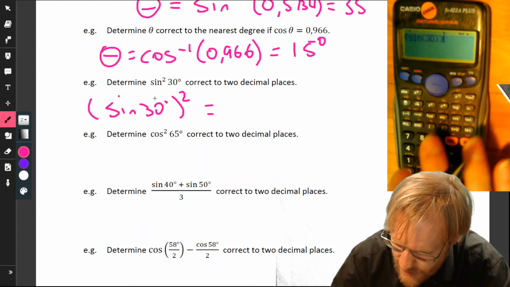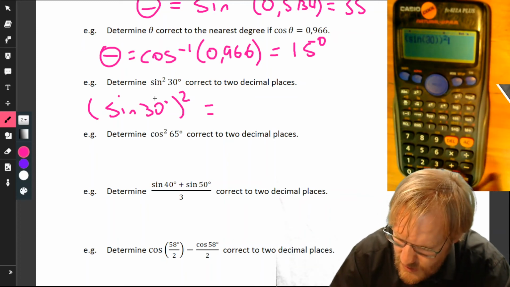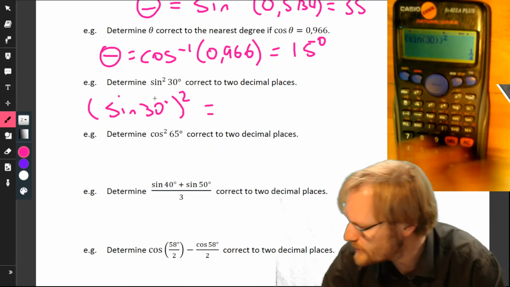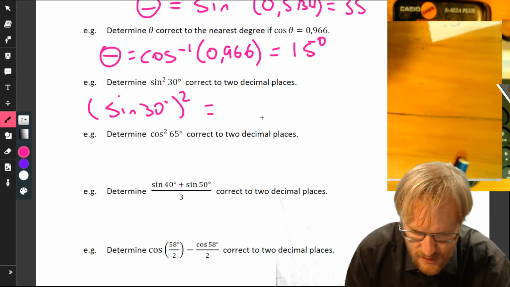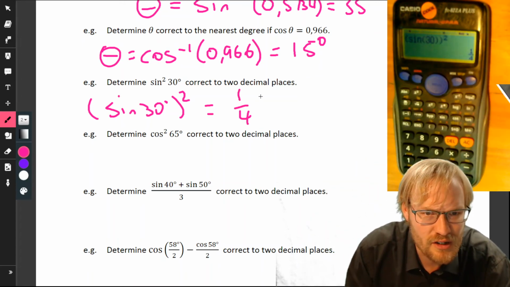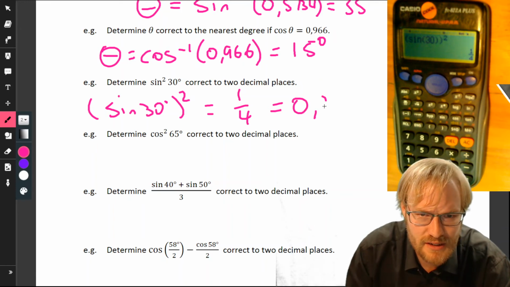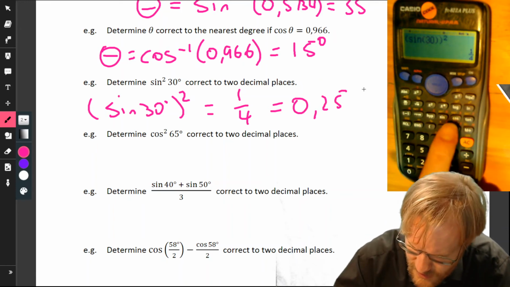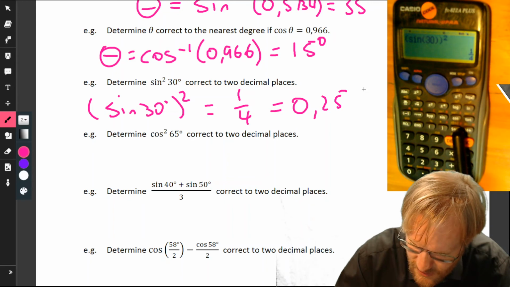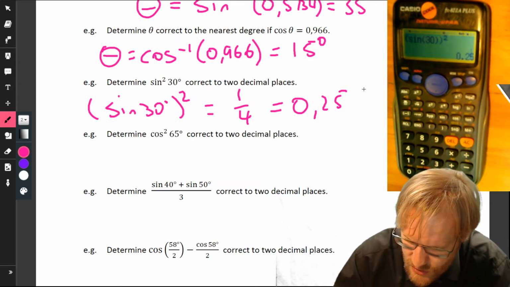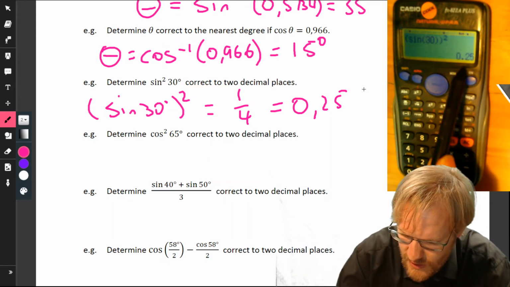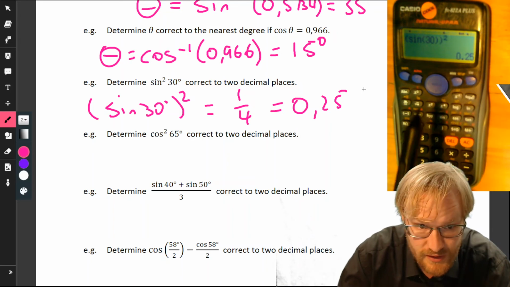Notice there's another bracket, and we're going to square that, and we get, I think it should be a quarter because it's a half squared. So we get a quarter, it says 2 decimal places, so I'm going to write a 0,25. This S to D button is saying third to decimal, so now it will give it to us as 0,25.